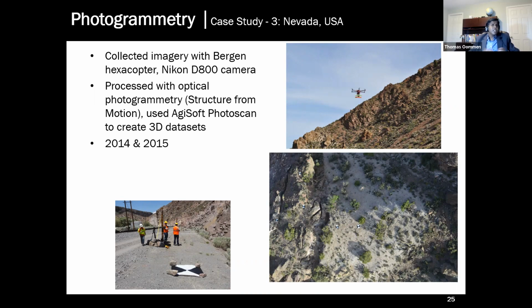So you can actually use your regular DSLR camera that you have and take pictures of an area and develop high quality 3D images. So this is something that you can also utilize to monitor slopes and ground movements. In this case, this is some work that we did in 2014 and 15 in Nevada.